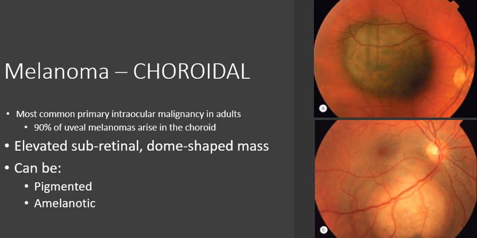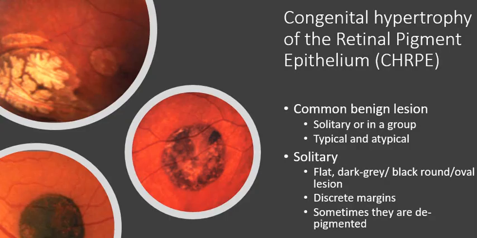And because they're in this zone, they can very easily spread around the orbit. They will eventually invade the vortex veins, and once they're in the venous system, they can metastasize and spread to the liver, and sometimes they can also spread to the lungs and the bone and the skin and the brain. So they can be quite nasty if they become metastatic.